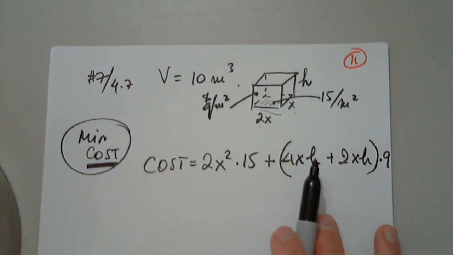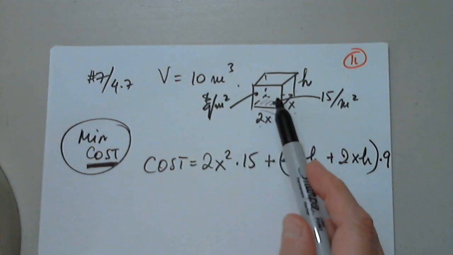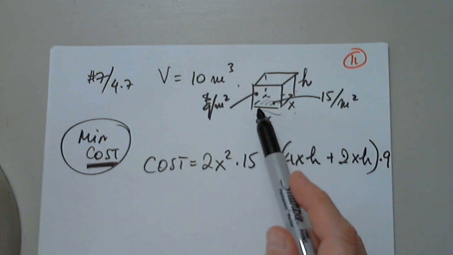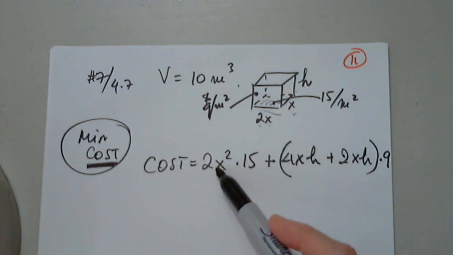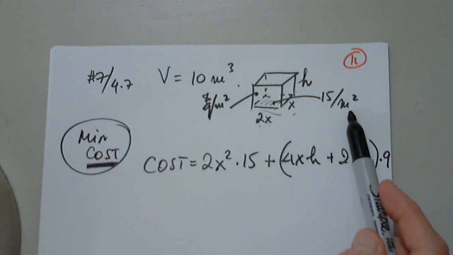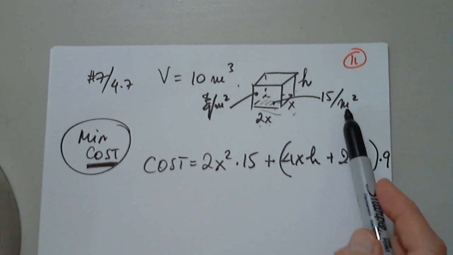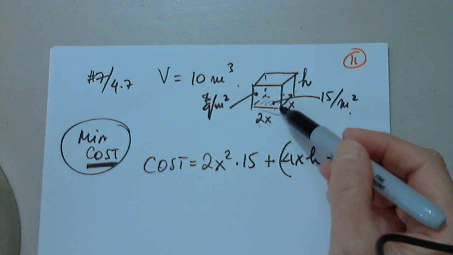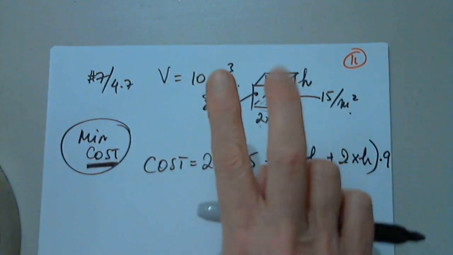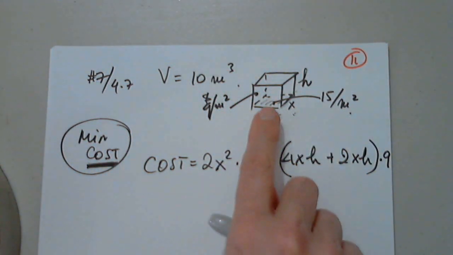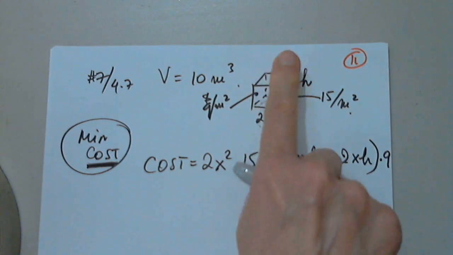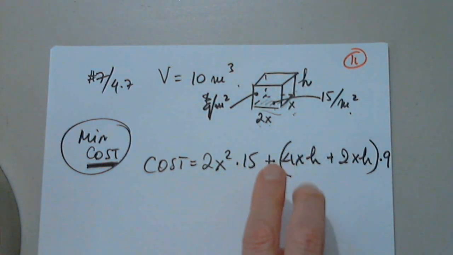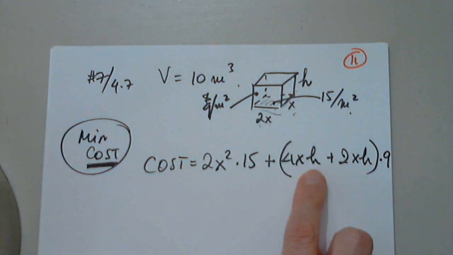So let's review what I just did. The base is length times width, 2x squared, times 15 per square meter. Now we have 2 sides that are identical, x times h times 2, and 2x times h, the front and the back, 2x times h times 2, 4xh.